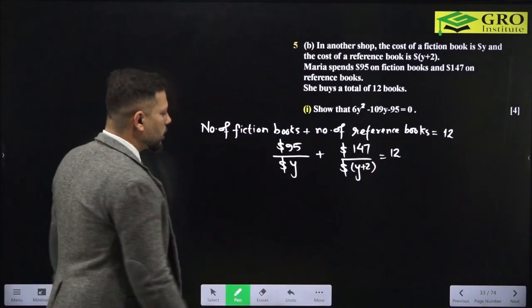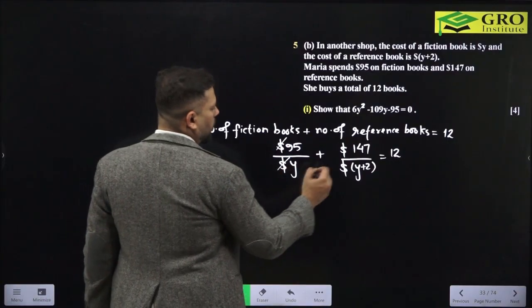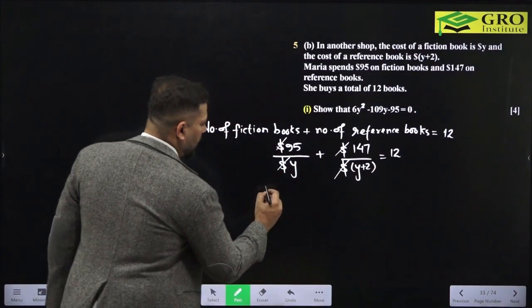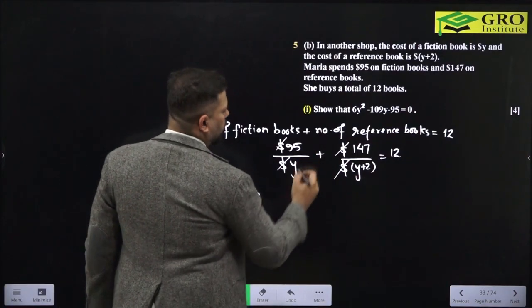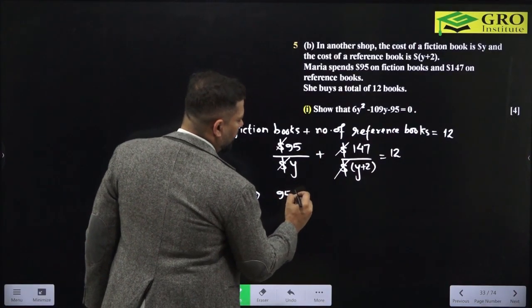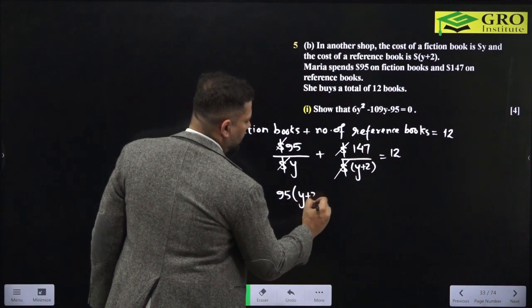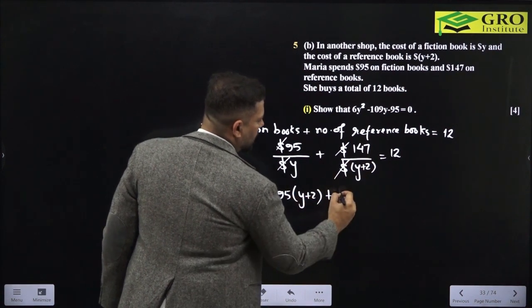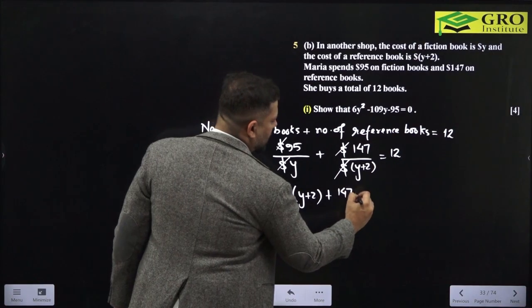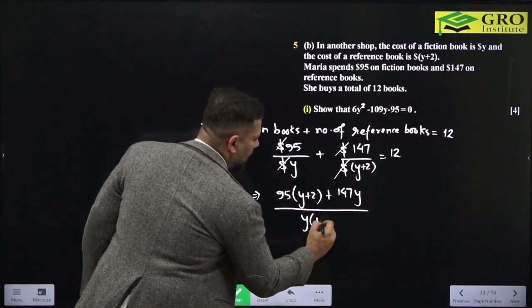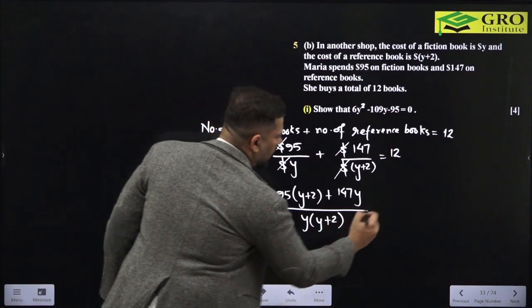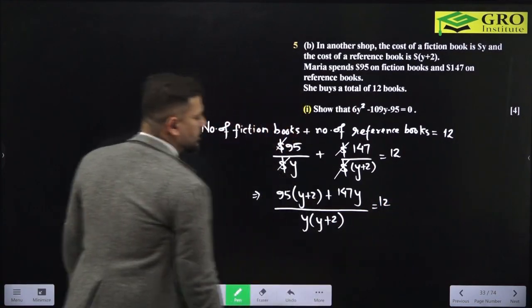Yes guys, so now we see that these dollar signs are going to get cancelled out, and if we solve it, I see that we need to cross multiply. 95 will be getting multiplied with y plus 2, while this 147 will be getting multiplied with y, and here in denominator we will get y to be multiplied with y plus 2, that results into 12.